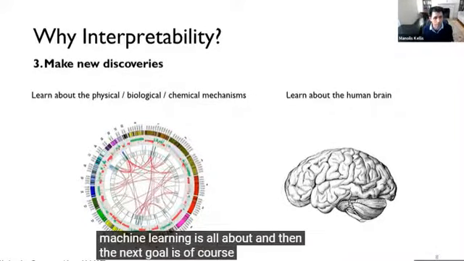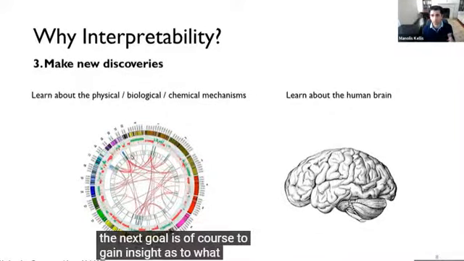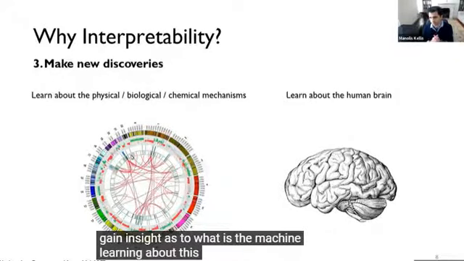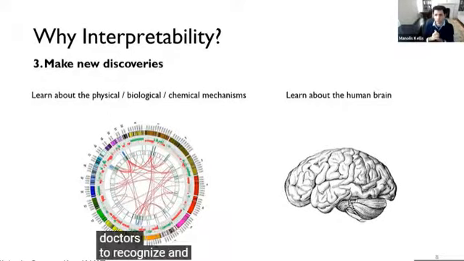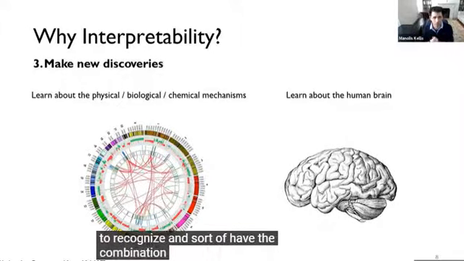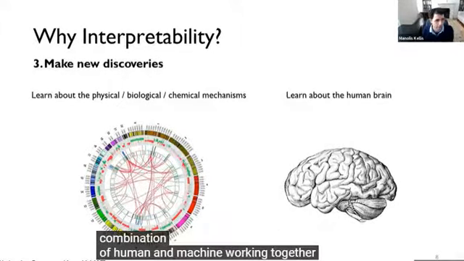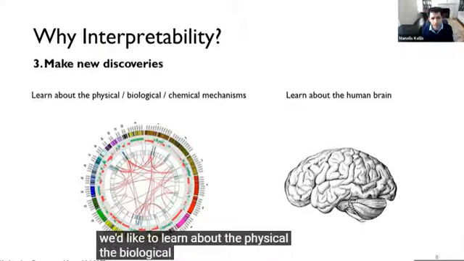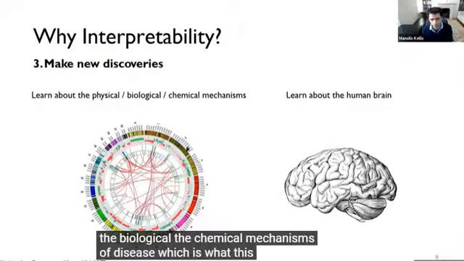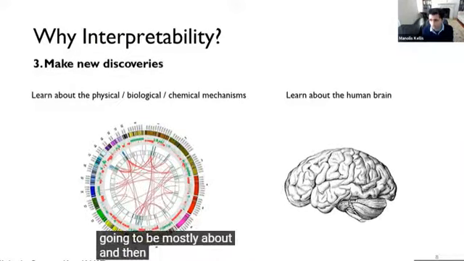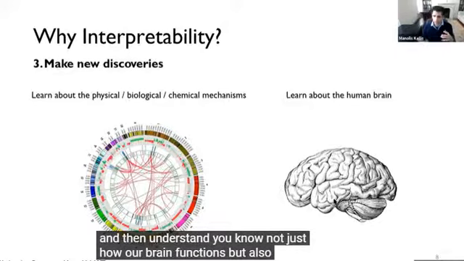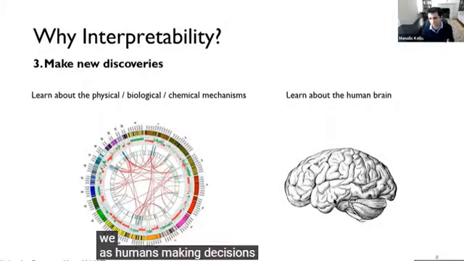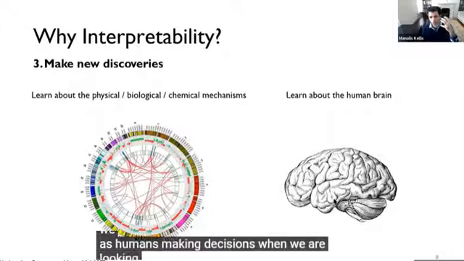And then the next goal is, of course, to gain insight as to what the machine is learning about this image of a tumor that we can then train our doctors to recognize, and have the combination of human and machine working together. So we'd like to learn about the physical, the biological, the chemical mechanisms of disease, which is what this class is going to be mostly about, and then understand not just how our brain functions, but also how we as humans make decisions when we are looking at images.